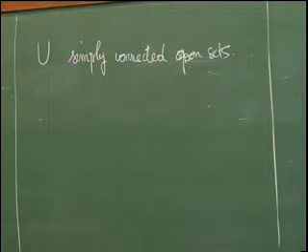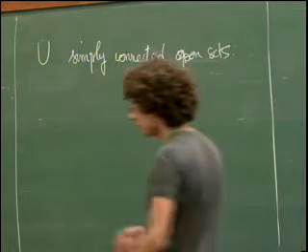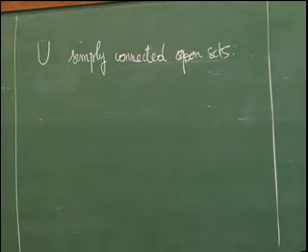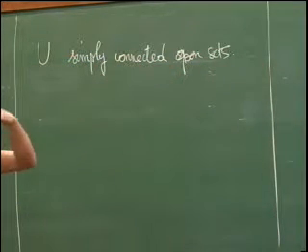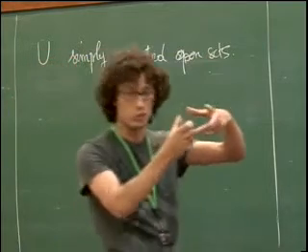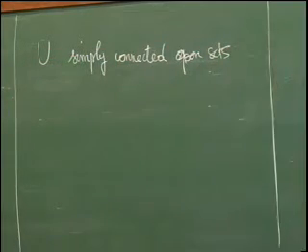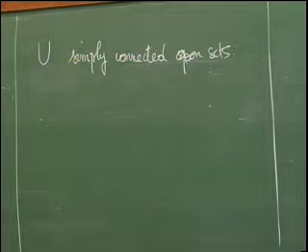But simply connected, you have two ways of seeing it. Either you take any closed, continuous path in your domain, and you can retract it to one point by a continuous transformation. That's the first way. And the reason why it's called simply connected is that in dimension 2, at least, and I guess in any dimension, it's equivalent to saying that the complement is connected. So it's something without holes.